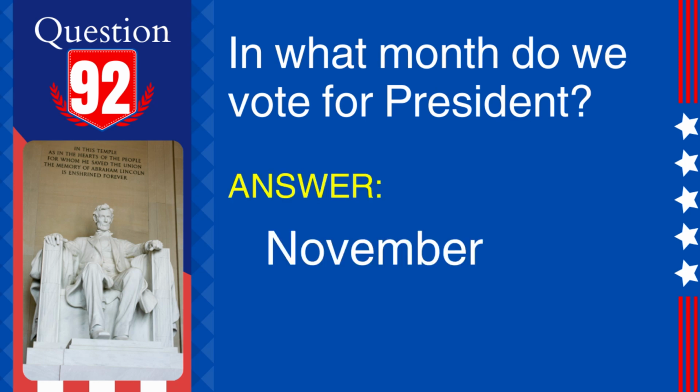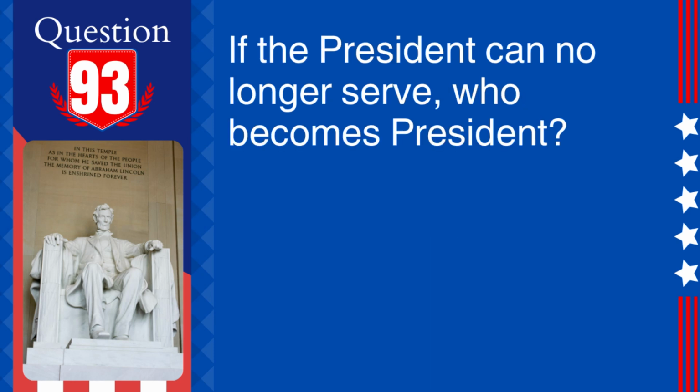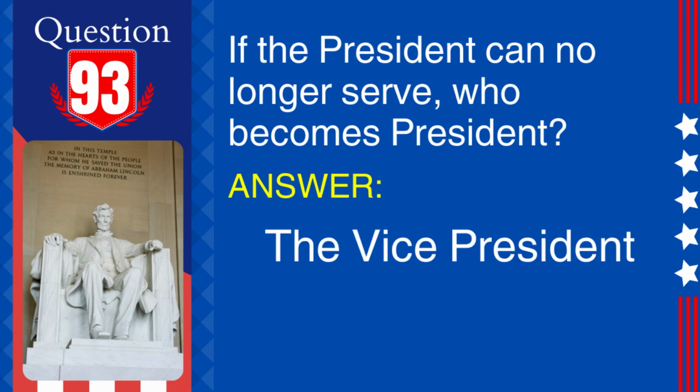Explanation: Presidential elections in the United States occur every 4 years on the first Tuesday after the first Monday in November. 93. Question: If the president can no longer serve, who becomes president? Answer: The Vice President. Explanation: In the event that the president can no longer serve, the Vice President assumes the presidency.